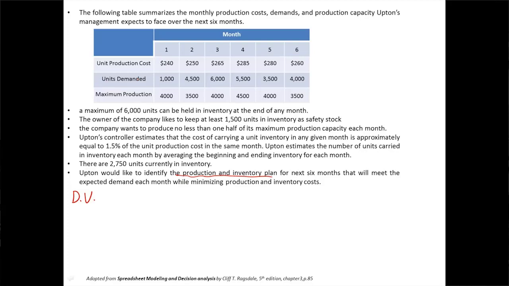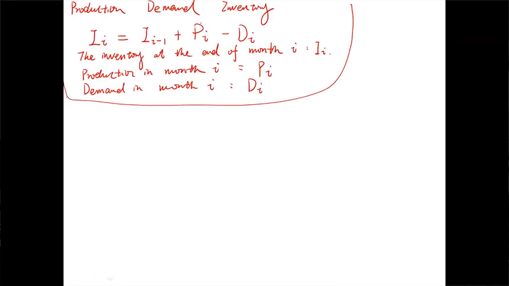We know I, right? We cannot define both P and I as decision variables because there is a relationship between them. Because of this relationship, if P is defined as the decision variable, then I will be calculated from this formula.